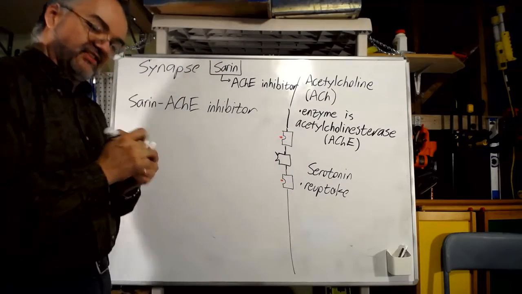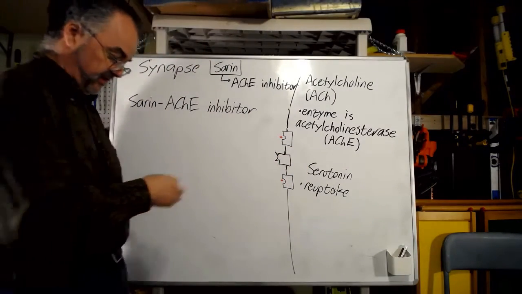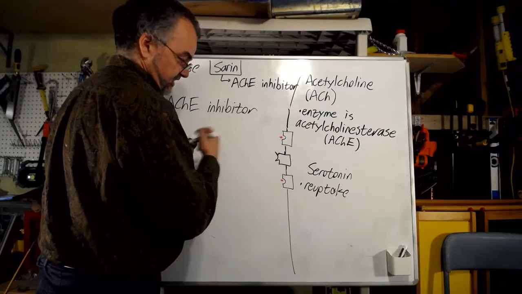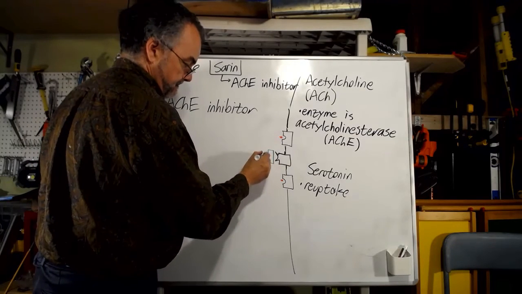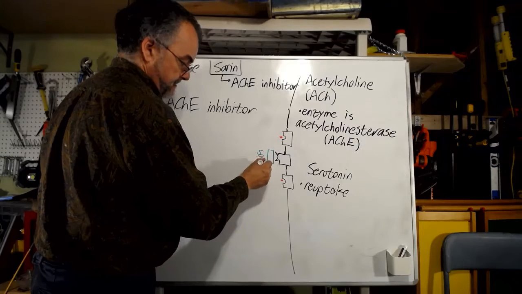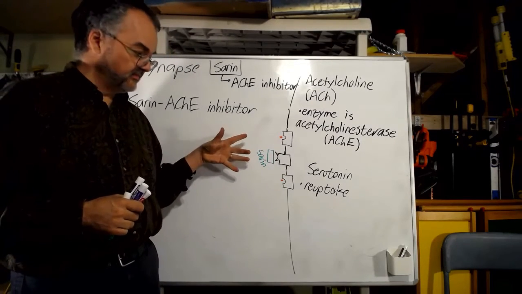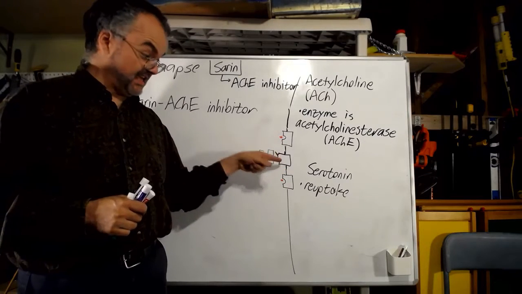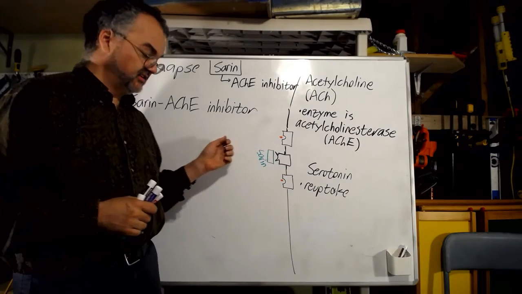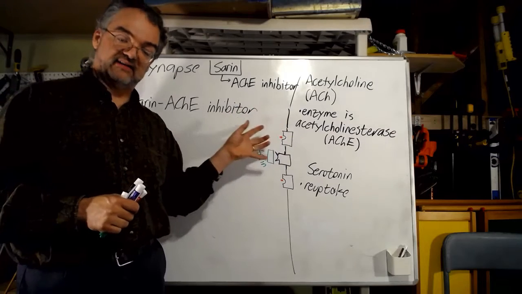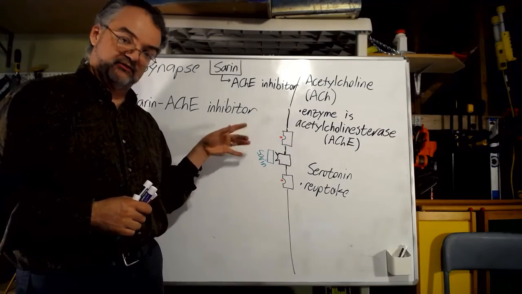So in that case, think about what's going to happen. If sarin is blocking this, I release acetylcholine, it binds to the receptors. It can't bind to the enzyme because that's blocked. So it binds to the receptors, causes an effect. Comes back off, reshuffle.